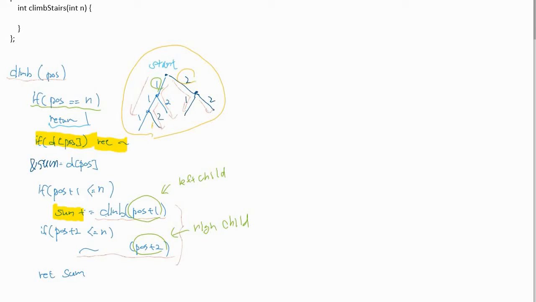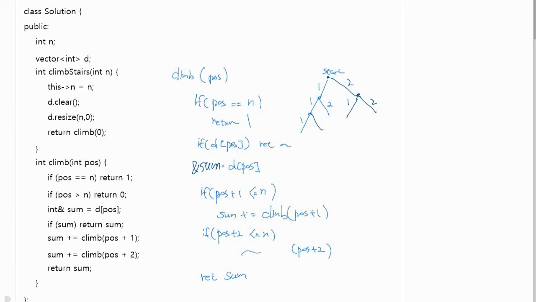This is called memoization. I implemented this climb function. It's exactly the same as the pseudocode except one line. I added: if pos is bigger than n, this function just returns 0 because this path doesn't satisfy reaching n.